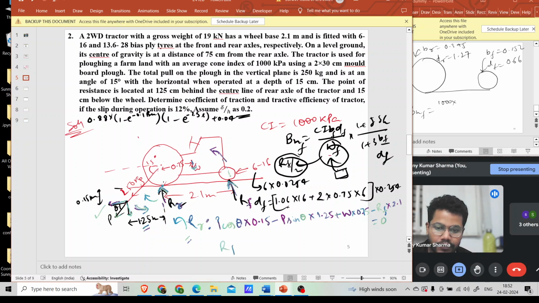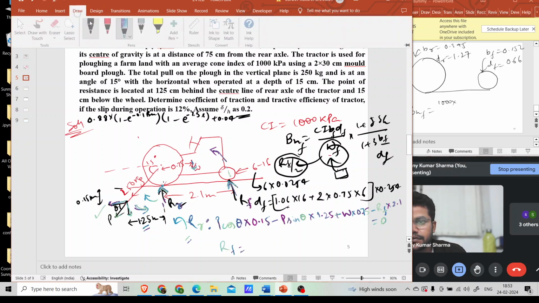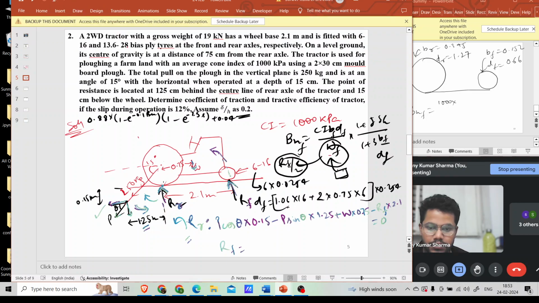So you will get RF as P cos theta into 0.15 minus P sin theta into 1.25 plus W into 0.75, divided by 2.1. This is the value for RF.